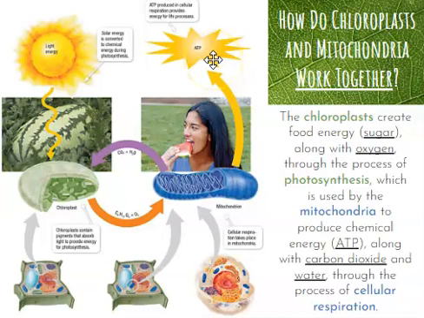And when it's doing that, it's also making this waste, the CO2, carbon dioxide, and water. The carbon dioxide and water leaves and goes into the chloroplast. The chloroplast takes the carbon dioxide and water and then light energy to make more food, more sugar, and more oxygen. And so it continues in this cycle to create the ATP for the plants and the animals.